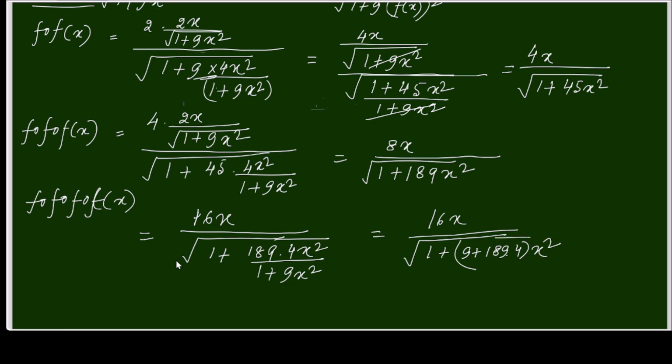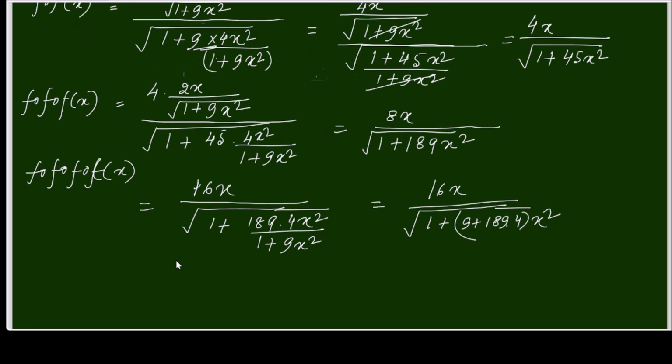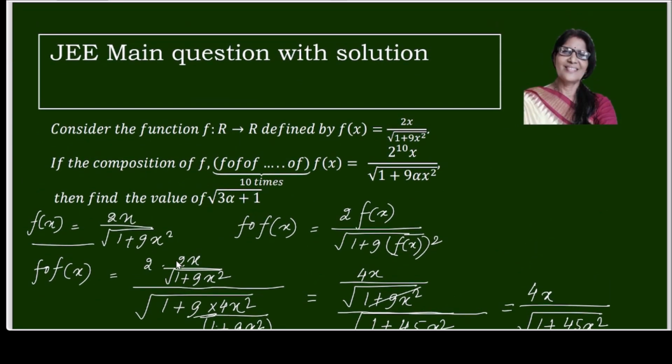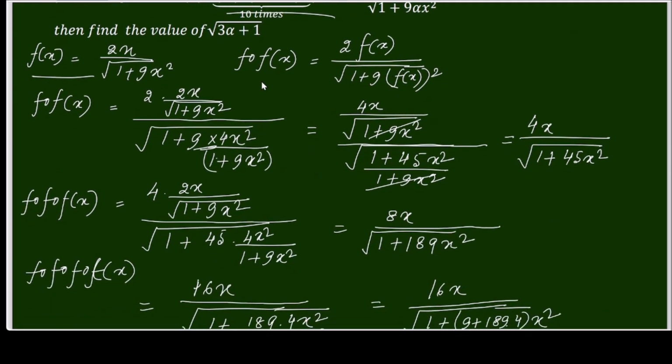So now let us make a relation. It is given that when it is 4 times we are getting 2 to the power 4 x. So for f once it is 2 power 1 x. For f of f this is 2 power 2 into x. This is your 2 power 3 into x.